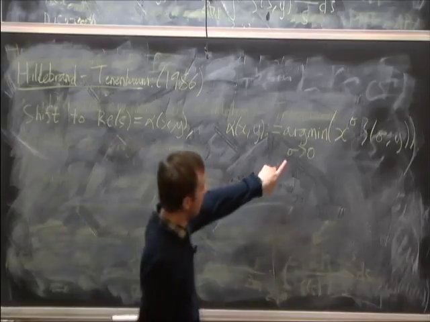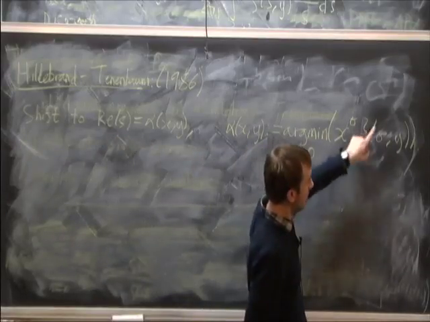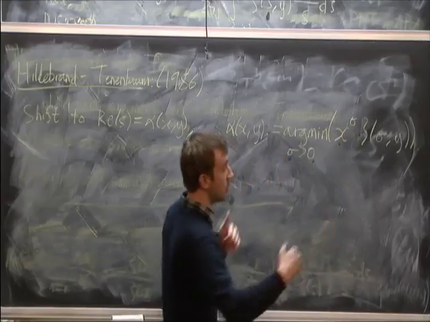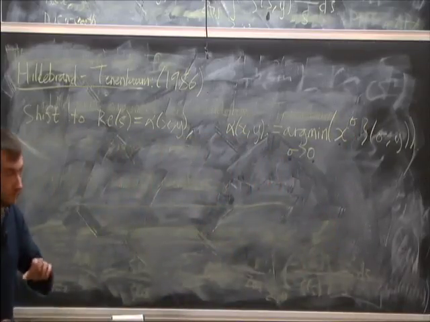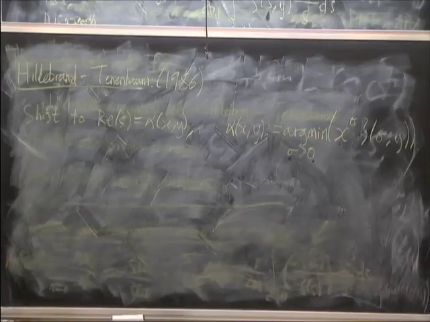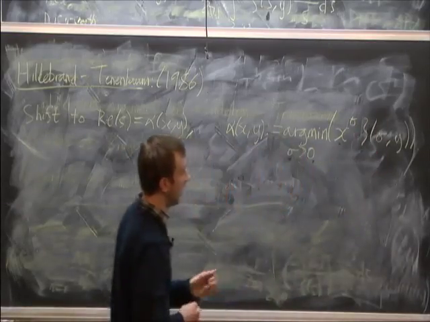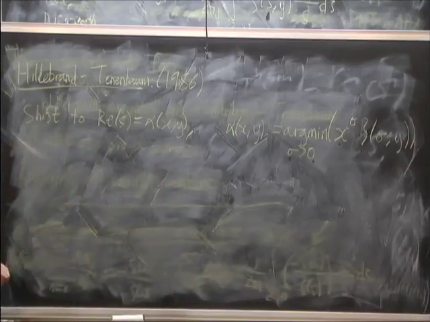Okay, so as sigma tends to 0, this diverges to infinity. As sigma tends to infinity, this is going to infinity. So somewhere in between there, there's some minimum value. And it turns out that, so this is a product over primes, so we can get some information about what this value alpha is.